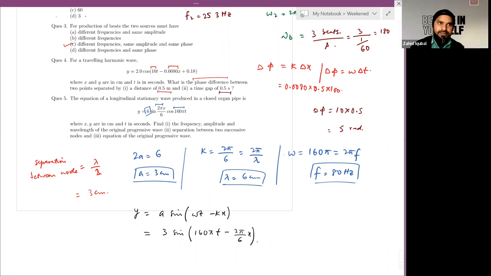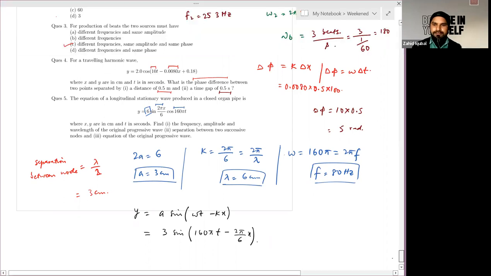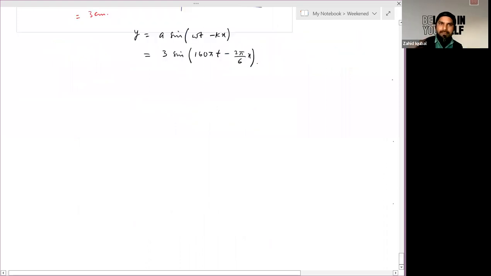Now let me define different questions related to this chapter that are expected to come. First question you will be asked from this part will be the ratio of RMS velocity of gas and velocity of sound.